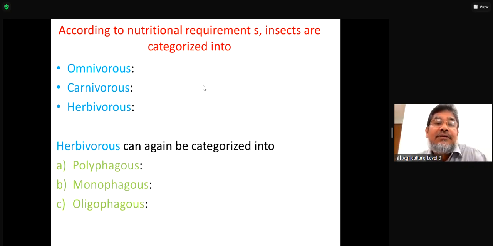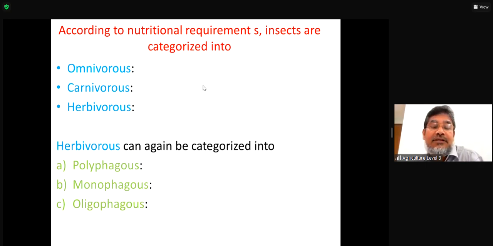Another one is herbivorous, which lives on plant food. Herbivorous insects feed on living plants. So omnivorous, carnivorous, herbivorous.